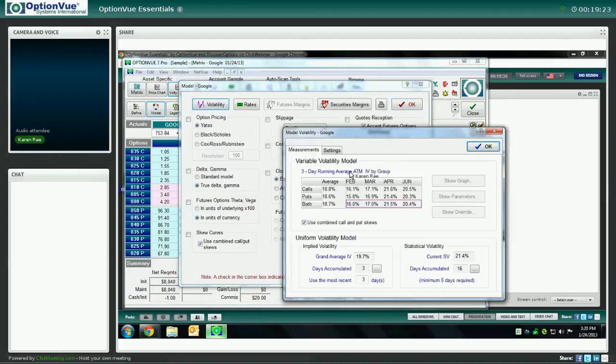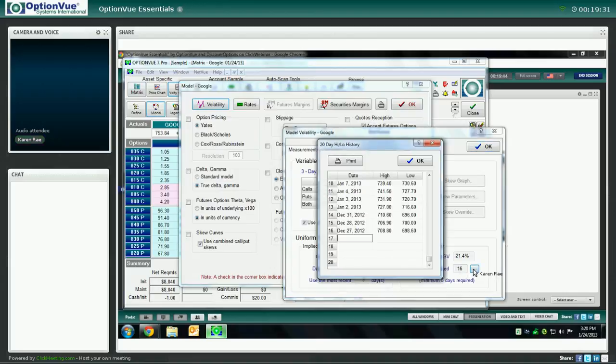and then I want to look at the volatility, and I see that for the statistical volatility, I've accumulated 16 days of high and low prices on Google. I can invoke that little button here and see what days I've accumulated.